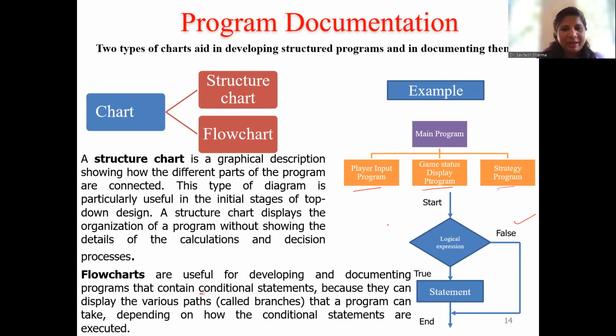The if statement I showed you as a flow chart, in which we will start the program, and when we find any logical expression, based on that it will see whether this condition is false. If it is false, then it will go directly to the end. If it is true, then it will execute the statement. Like this, multiple paths can be followed based on the logical expression being true or false.